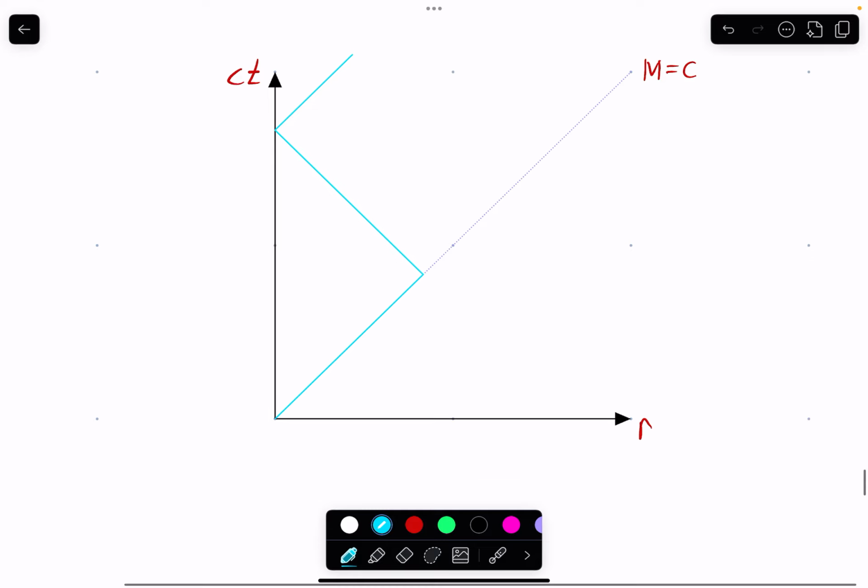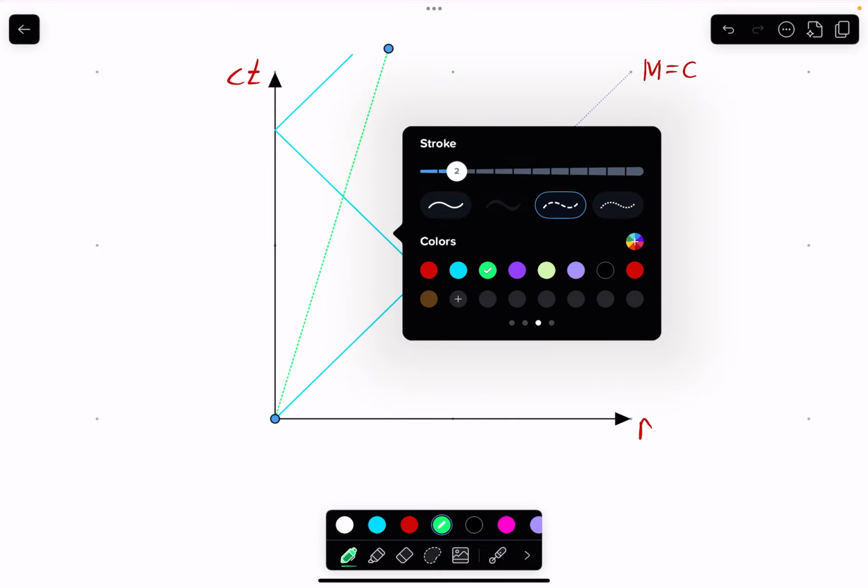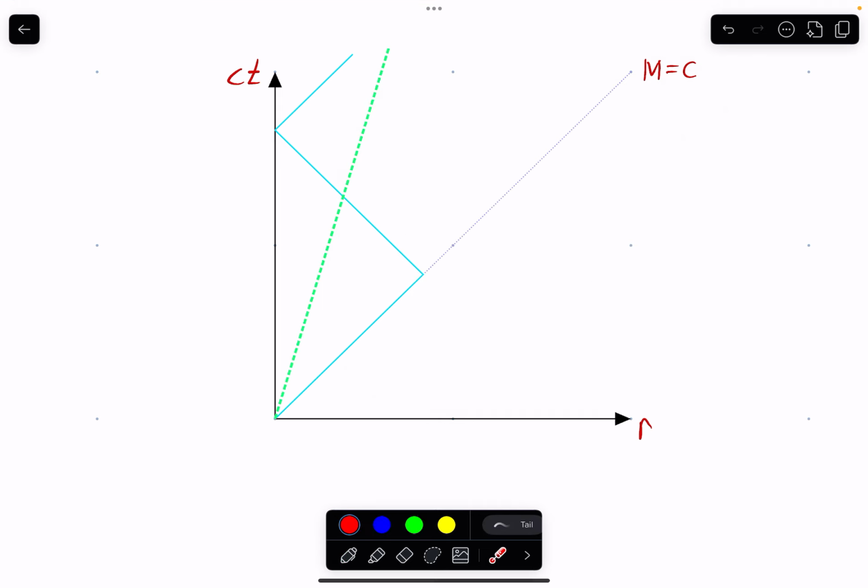Well, we can see that if we average out the position of this thing, it actually acts like a particle with mass that's traveling less than the speed of light. So it goes at the speed of light in this direction.